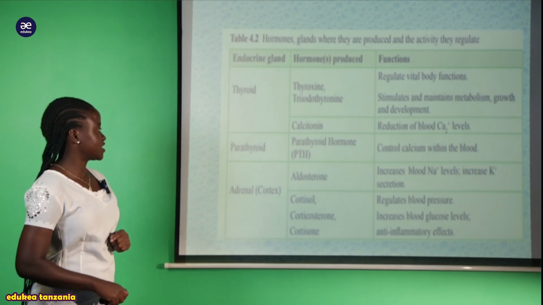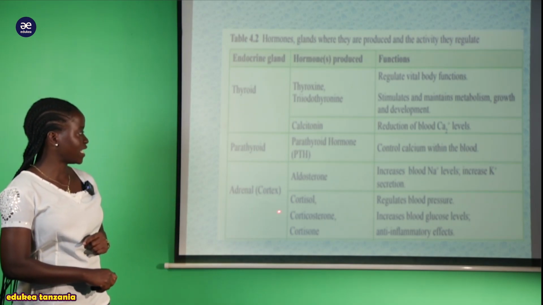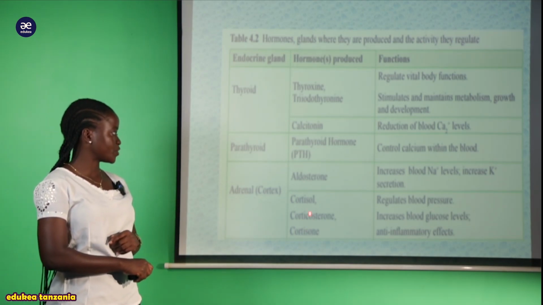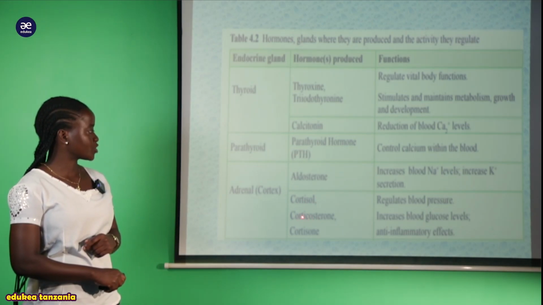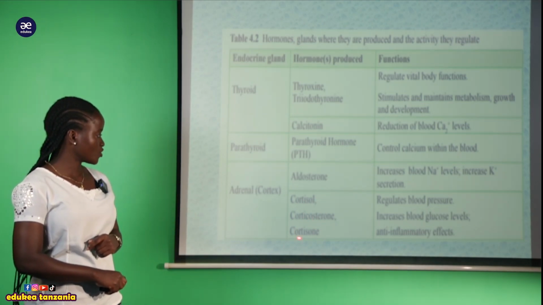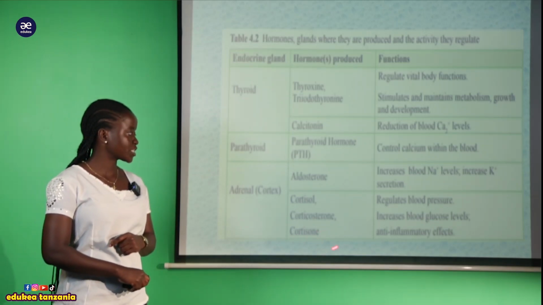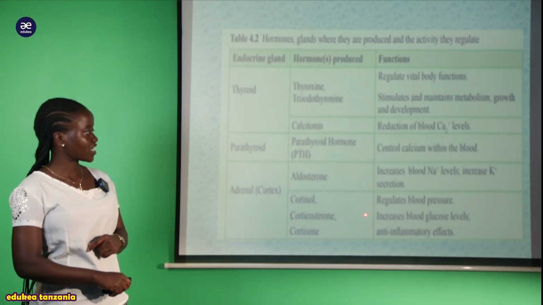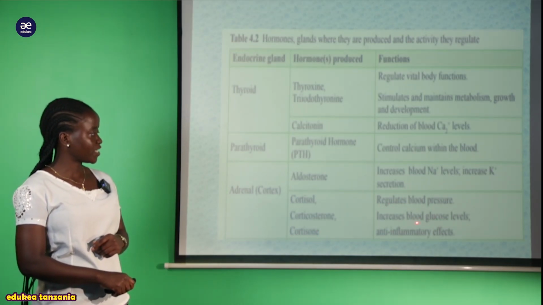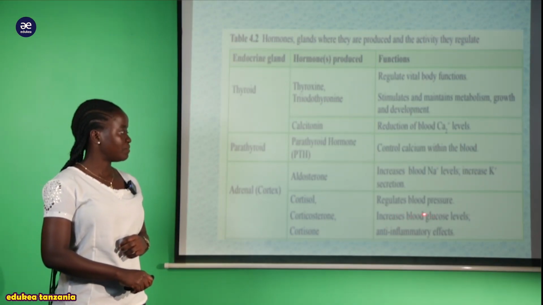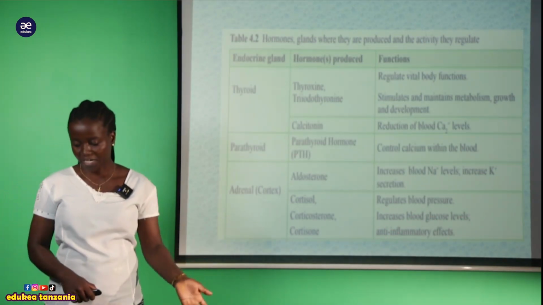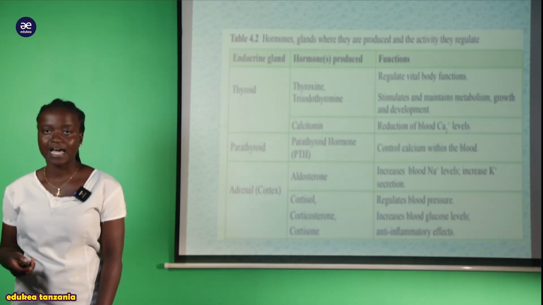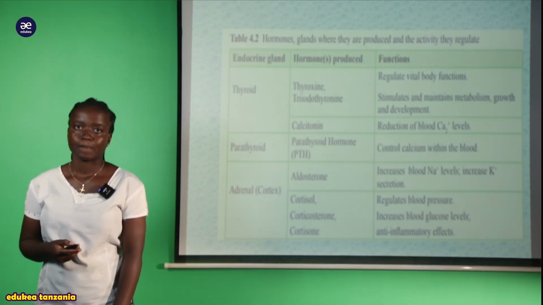Not only that, this gland is also responsible for producing cortisol, corticosteroid, and also cortisone. These all work in regulating blood pressure, increasing the blood glucose level, and anti-inflammatory effects that occur within the body.